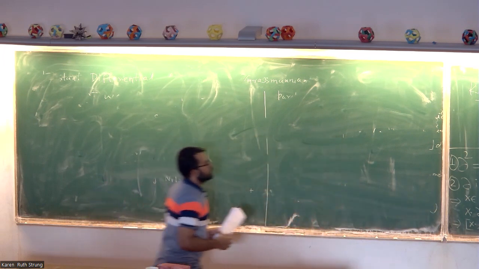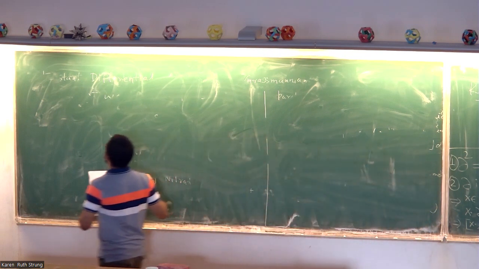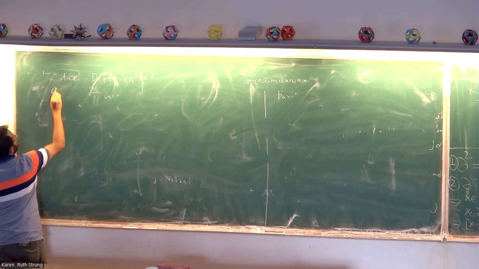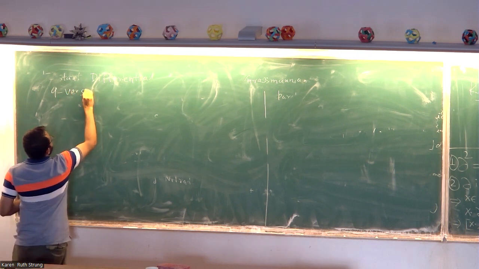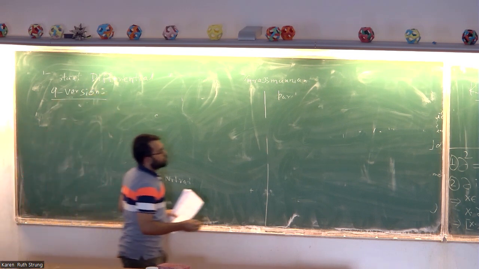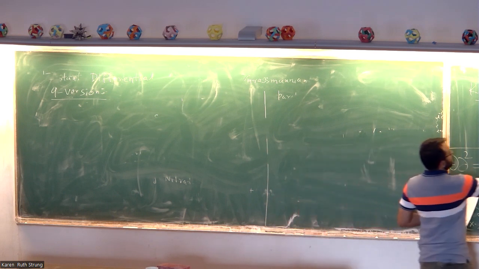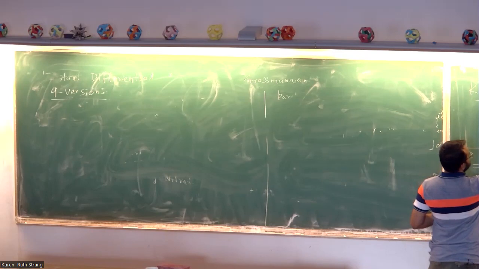Now what we want is to address the same problem for the q version, the quantum case. So we have to have an analogous version of this wedge product in terms of q.